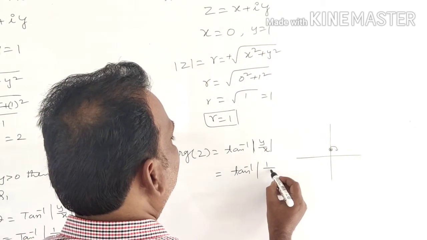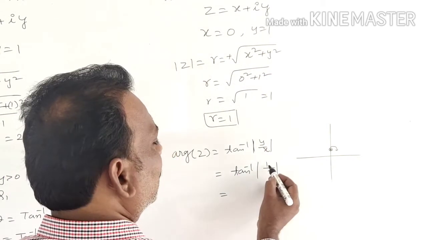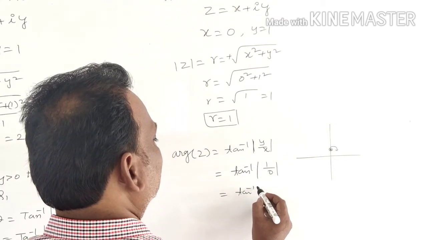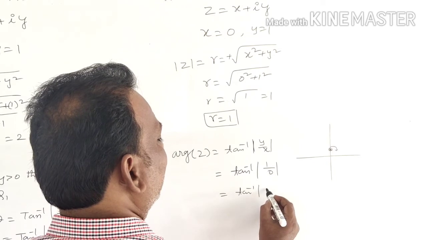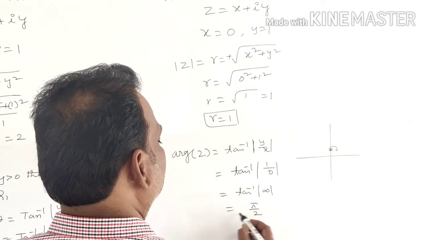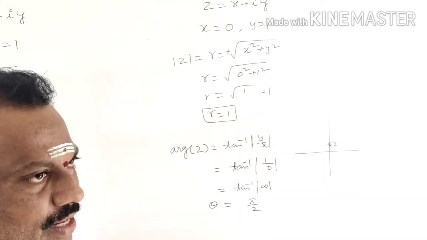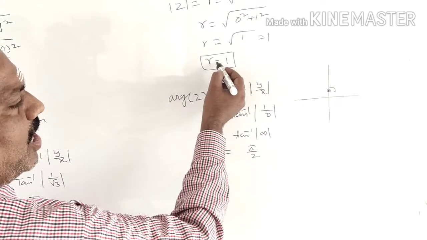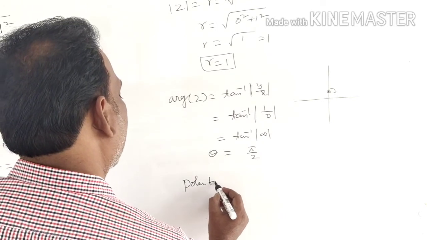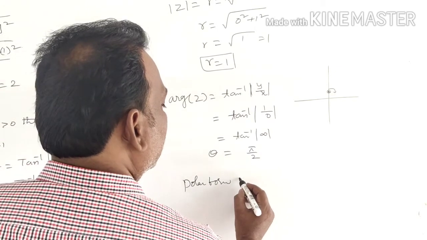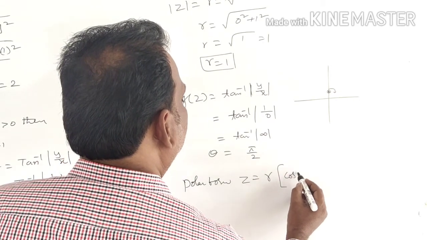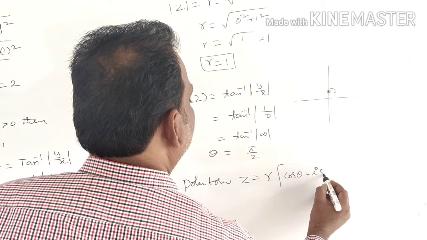Directly we can write pi by 2, otherwise you can substitute tan inverse of y by x. y value is 1 by 0. 1 by 0 is undetermined value, that means infinite. So tan inverse of infinite value is equal to pi by 2. So this is the argument. So you got argument and you got the r value. So polar form z is equal to r into cos theta plus i sin theta.